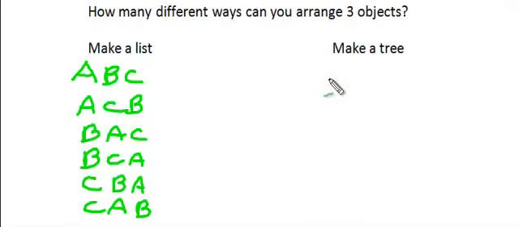Another way to do it would be to make a tree. We have 3 different choices. We can do A, B, or C for our first choice.